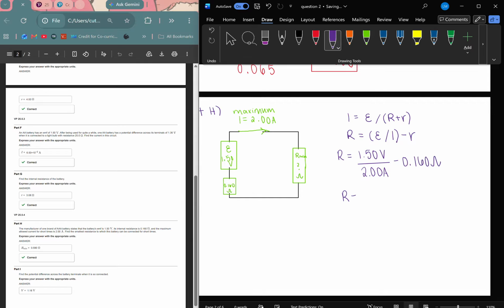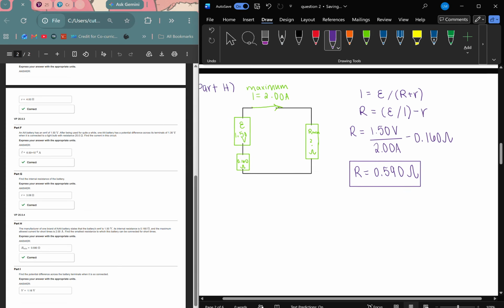So we're going to put that in the calculator. 1.50 volts divided by 2.00 amperes, and we subtract 0.160. And I got the answer of 0.590 ohms because it's a resistance. So using a smaller resistor would allow more than 2 amperes to flow, which could damage the battery. So we're going to circle that.